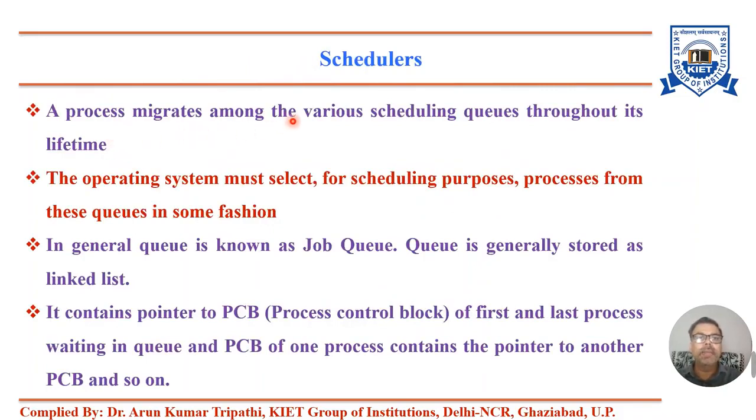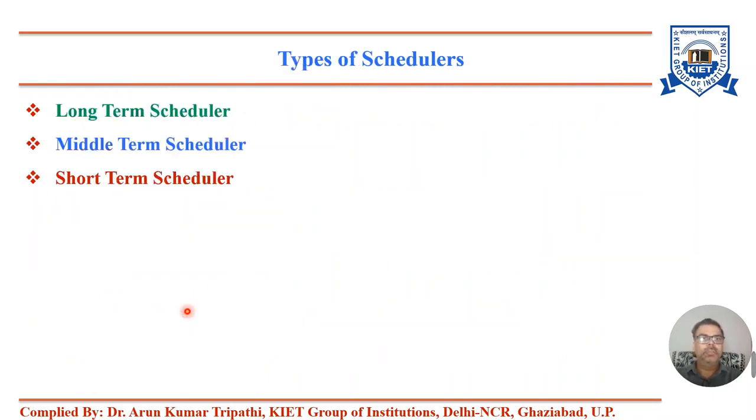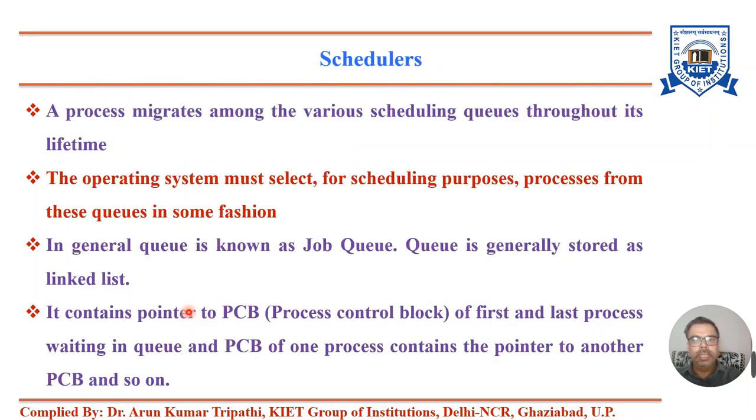A process migrates among various scheduling queues throughout its lifetime. The operating system must select, for scheduling purposes, processes from these queues in some fashion. In general, it is known as the job queue. The queue is stored in a linked list.